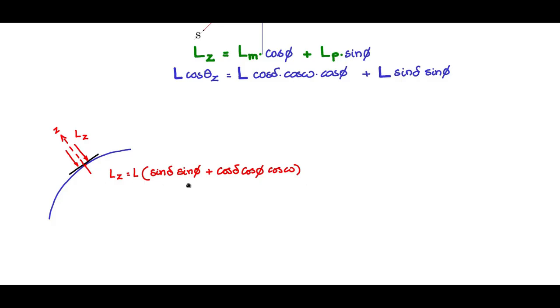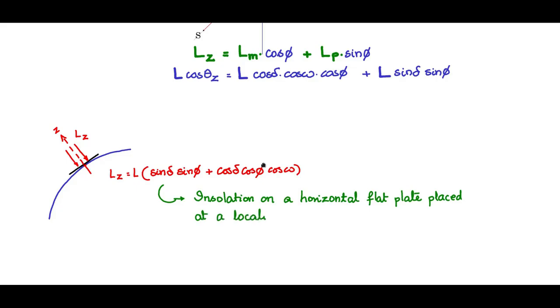So this would be the insolation that is falling on a horizontal flat plate placed at a locality located on the latitude phi. All these parameters are determinable knowing the time of the day, time of the year and the latitude.